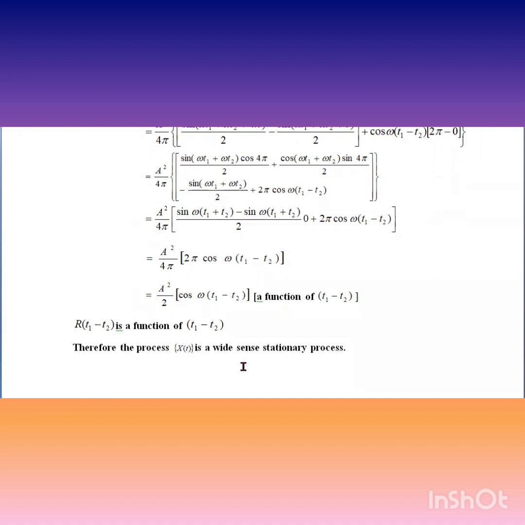So A squared by 2 cos(ω(t1 − t2)) is a function of t1 minus t2, the time difference. So Rxx(t1 − t2) is a function of t1 minus t2. So the second condition is also satisfied. Therefore, the process x(t) is a wide sense stationary process. Thank you.